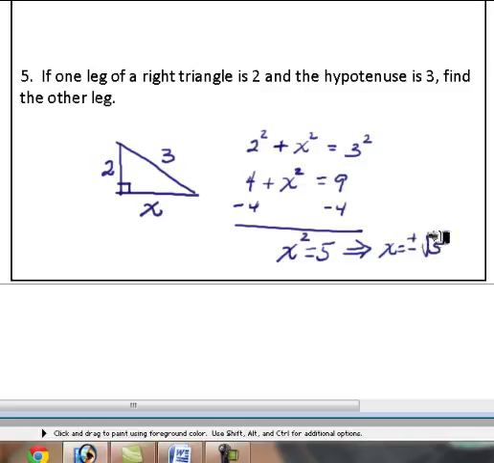All right, but we only go with the positive. We're going to erase this negative over here because x is a length of a side of a right triangle. So a length is positive. So the answer is positive square root 5.